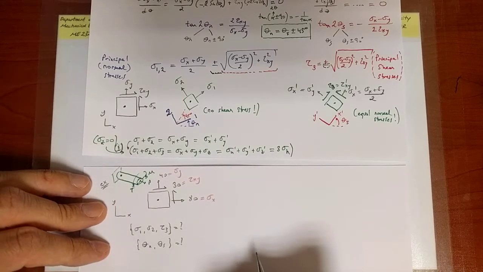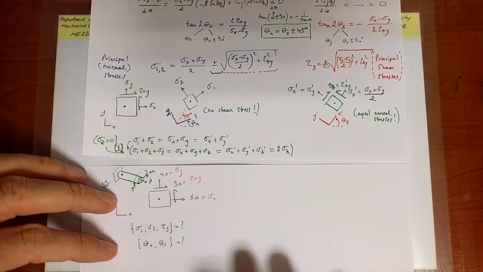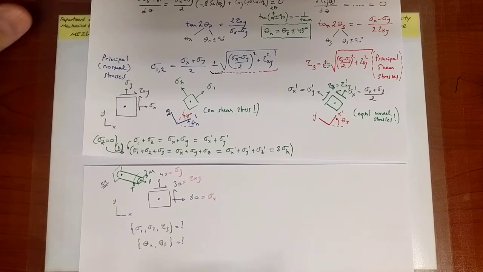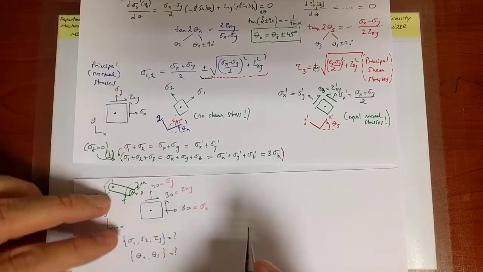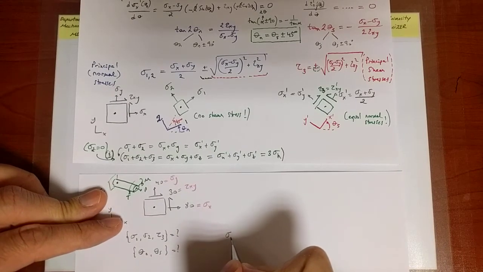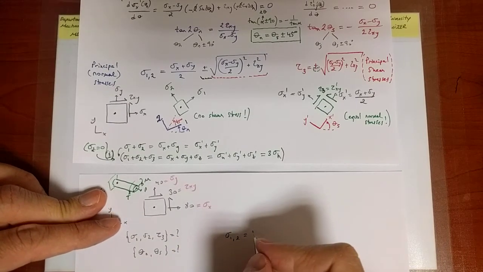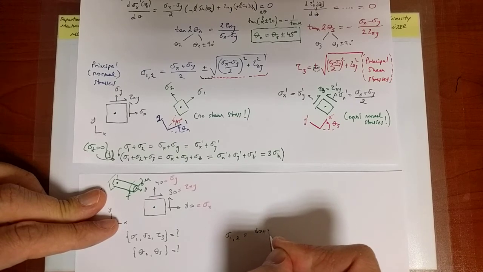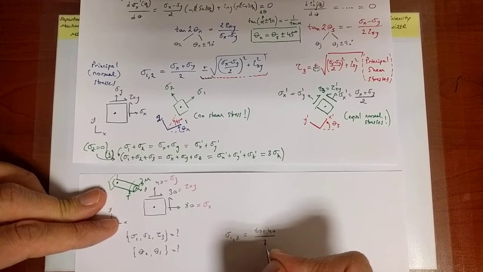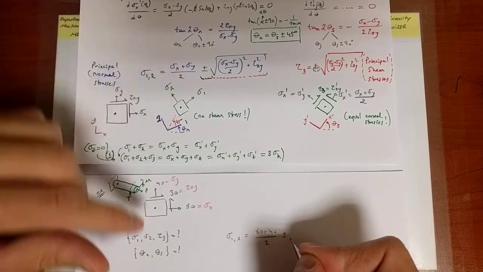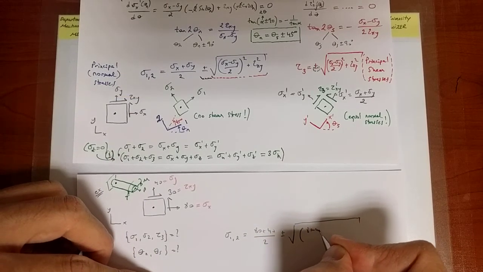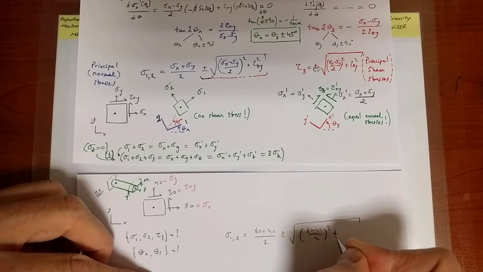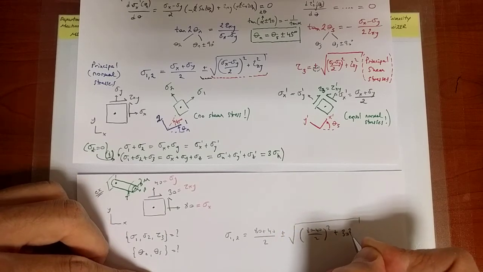And so I will go ahead and calculate sigma 1 from the equation that we have. So we have sigma 1, in fact 2, is equal to (sigma x plus sigma y), so (80 plus 40) divided by 2, plus minus the square root of ((80 minus 40) divided by 2) squared plus 30 squared.